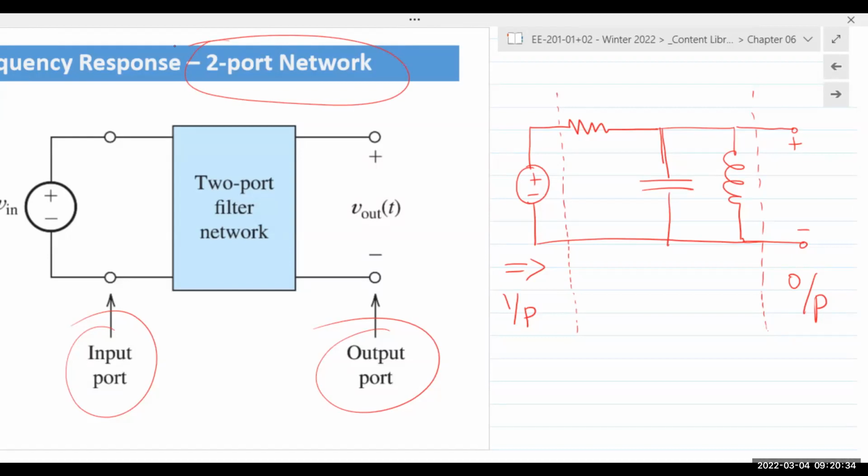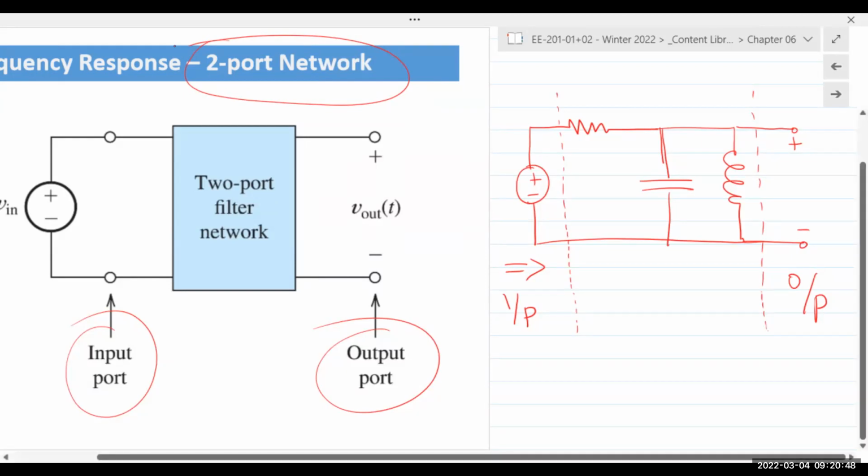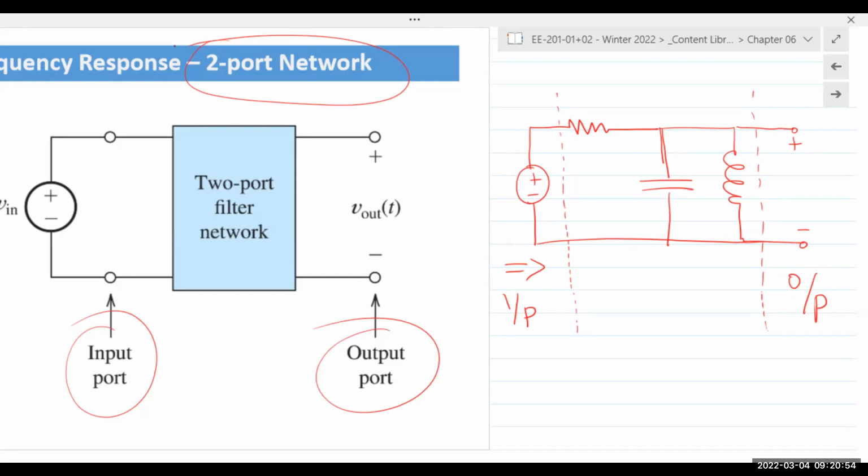Now, in electrical engineering, the E majors have to take a class where there's an entire chapter devoted to two-port networks. We obviously are not going to do all of that. But the filter functions by taking the incoming input signal. The incoming input signal can be comprised of hundreds of thousands of different signals. When I say signal, I'm talking about voltages and currents. A signal is simply an input parameter that's coming in.